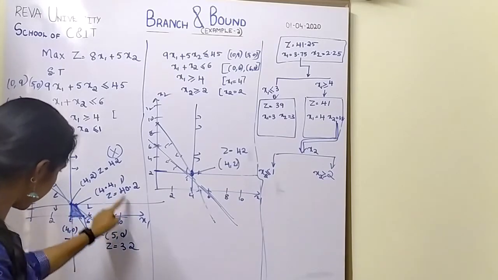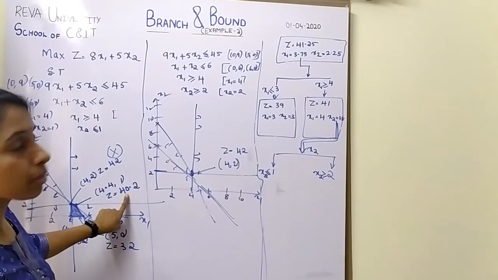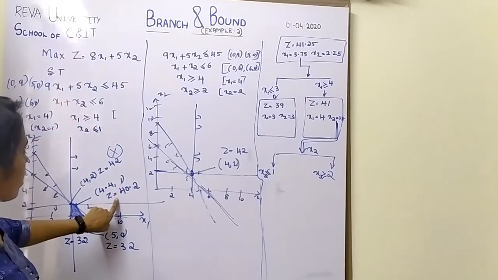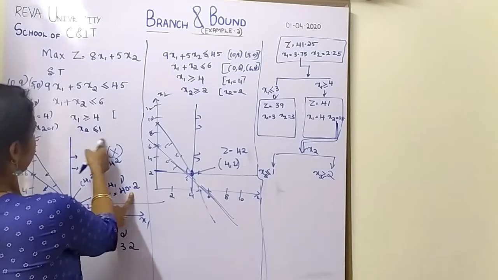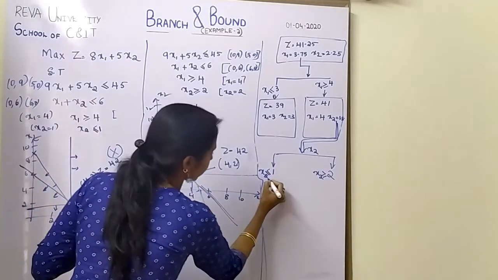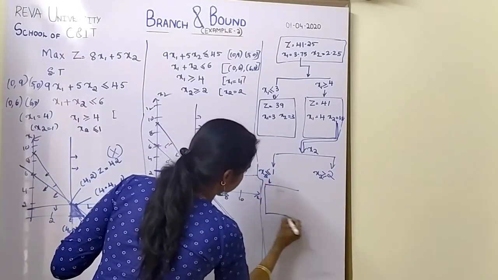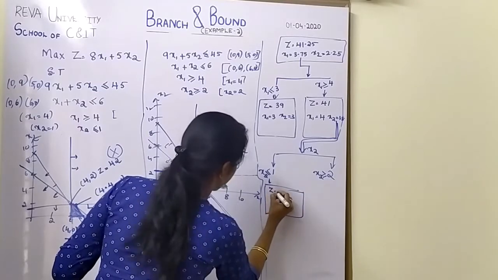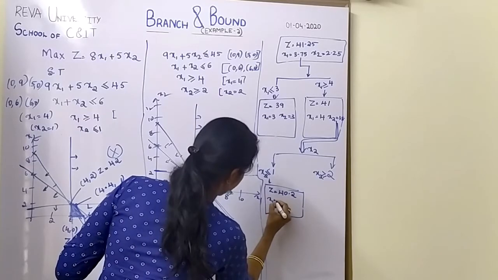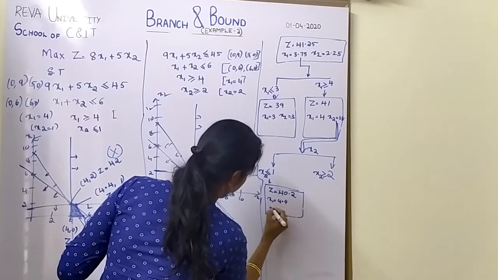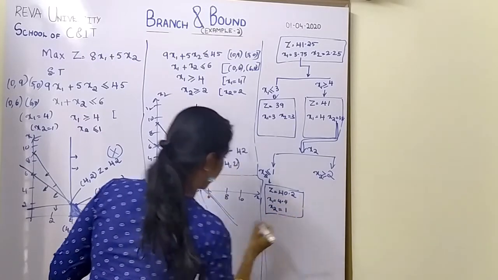So among these three, which gives you the maximum optimal solution for z? You will get 40.2. So if I consider x2 less than or equal to 1 here, you will get z equal to 40.2, x1 equal to 4.4, x2 equal to 1.